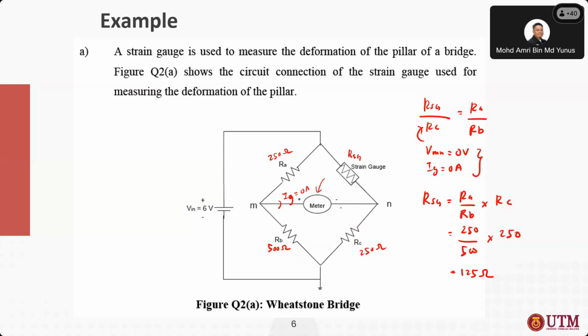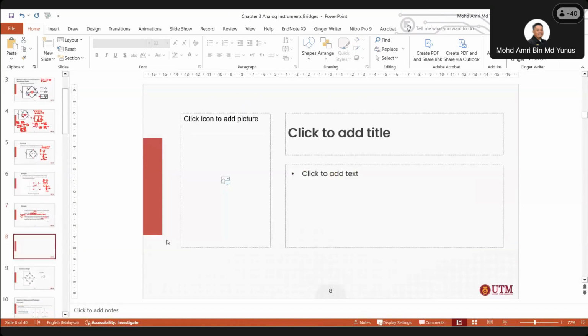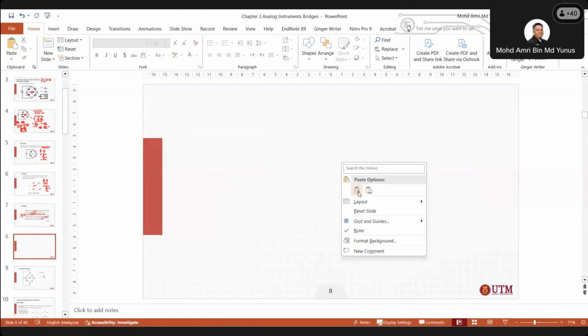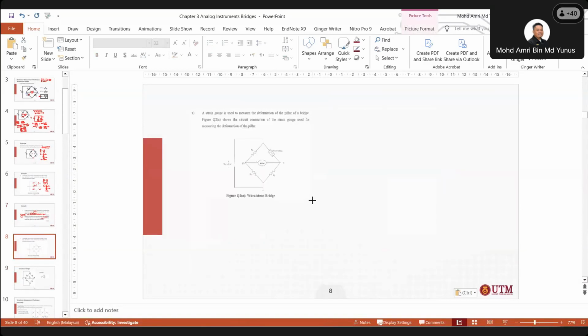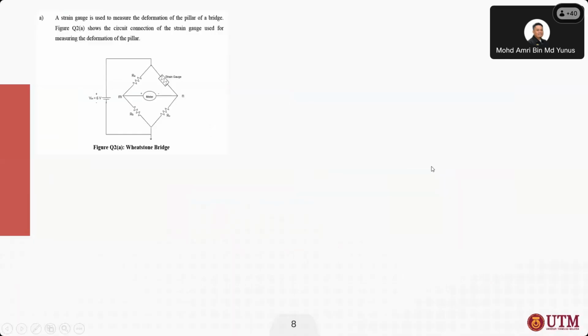So let's redraw. When RSG has reduced by 0.5.